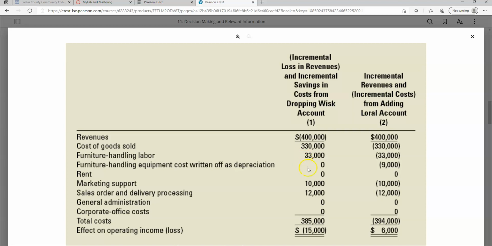I am not going to save any furniture depreciation because I'm going to have that furniture handling equipment regardless. I'm not losing the equipment. I'm not selling the equipment. I still have the equipment, because that equipment has been allocated to Whisk. It's not going to have to be absorbed by the other customers.